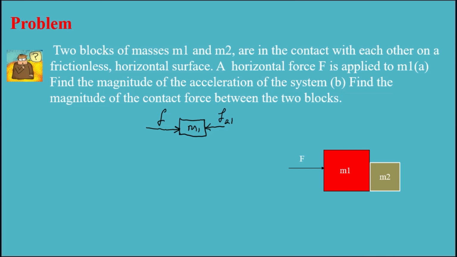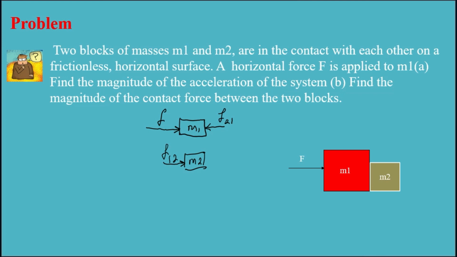But how about m2? Let's say I have m2 here. There is one force applied to m2, in this direction, and it's F12, the force applied from object 1 to object 2. Think about it: these two blocks are attached to each other.